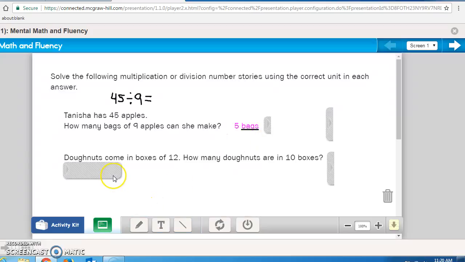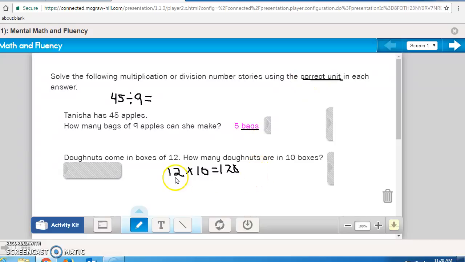For the next one, it says, donuts come in boxes of 12. How many donuts are in 10 boxes? Well, if I have 12 donuts and I have 10 boxes of those, I'm going to be multiplying to find my answer. So 12 times 10 is 120. But don't forget, it's telling me to put the correct units.